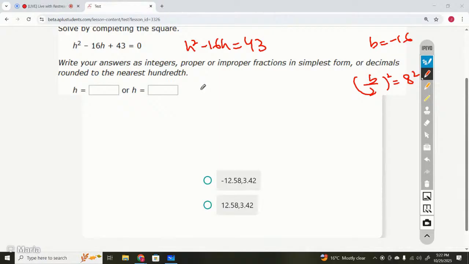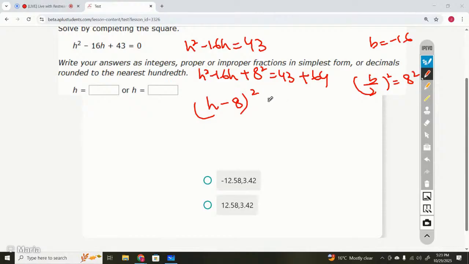Let's just add 8 square. That is h square minus 16h plus 8 square equals 43 plus 64, right? h minus 8 whole square. h minus 8 whole square equals 107.